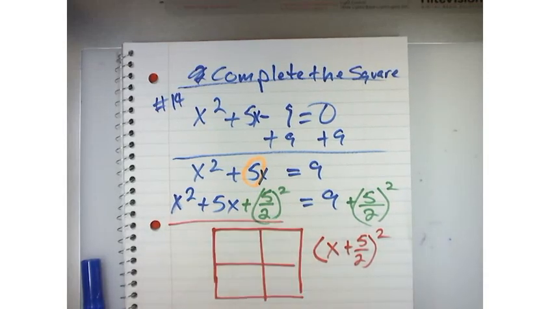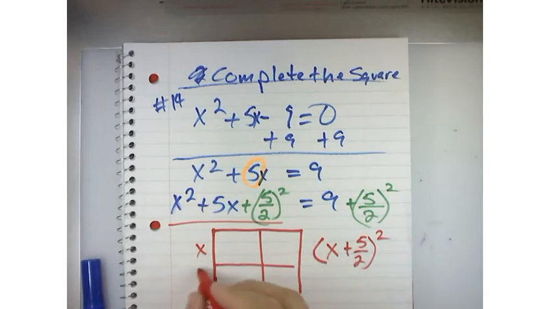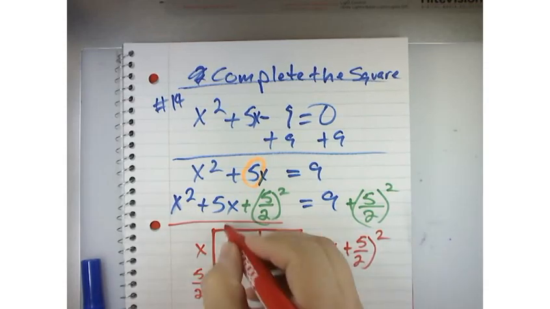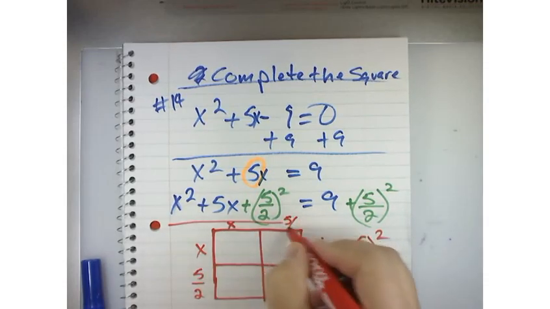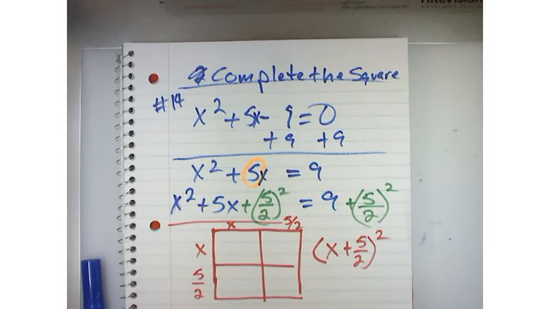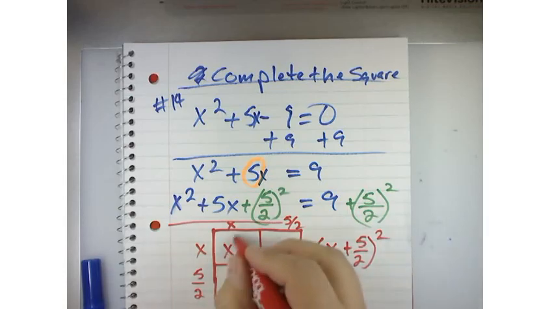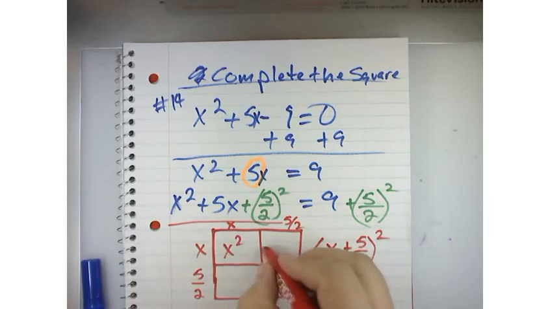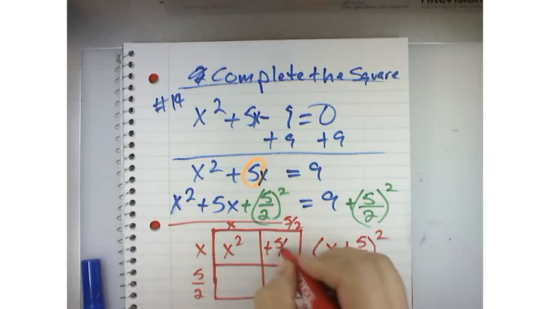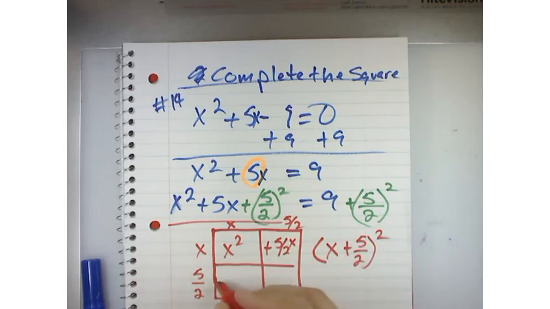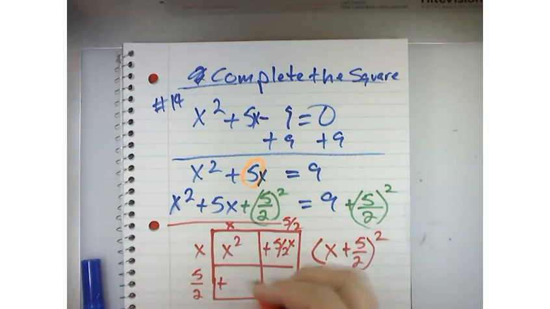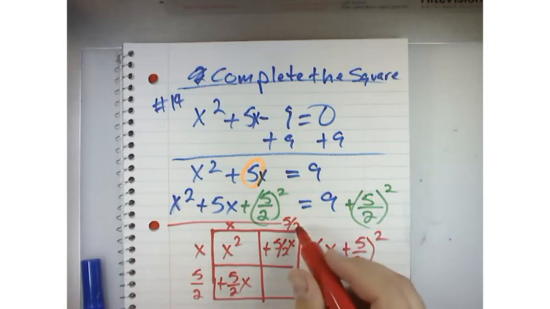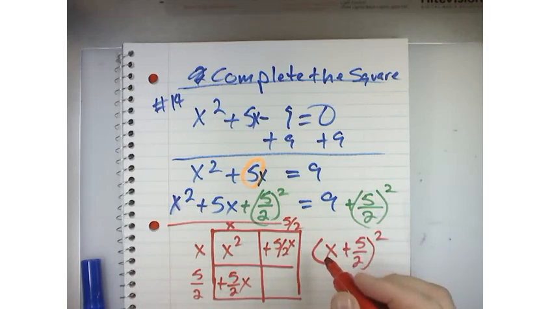How do I know that? It's rigged. So if I put an x here and 5 over 2 here, and an x here and 5 over 2 here, and then I multiply it out, I get x squared, I get plus 5 halves x here, positive, just multiplying the row by the columns, 5 halves x here, and then what's 5 halves times 5 halves?